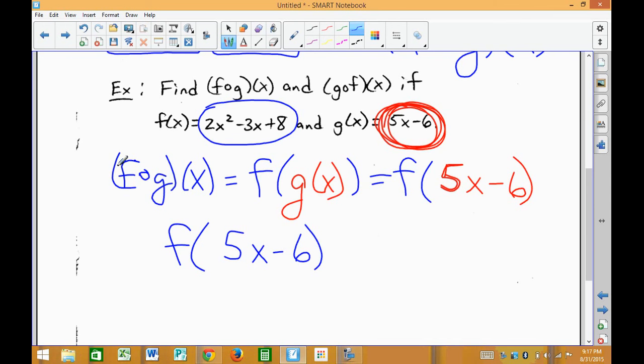That whole 5x minus 6 is going to be put into F of X. Where is it going to go into F of X?